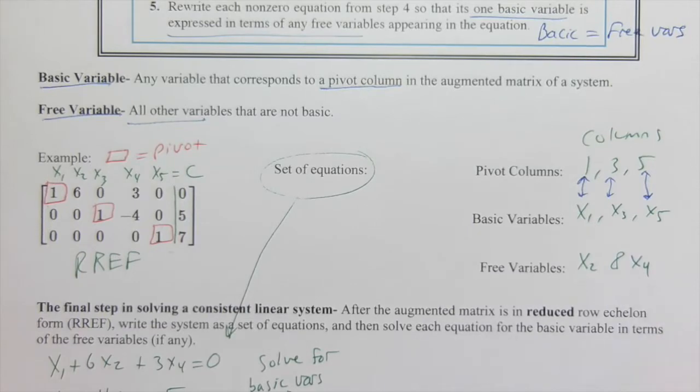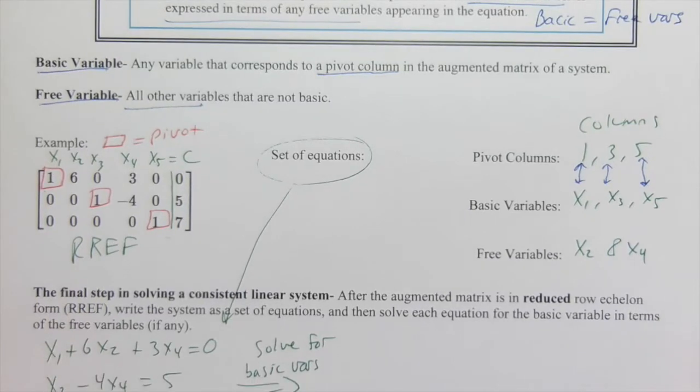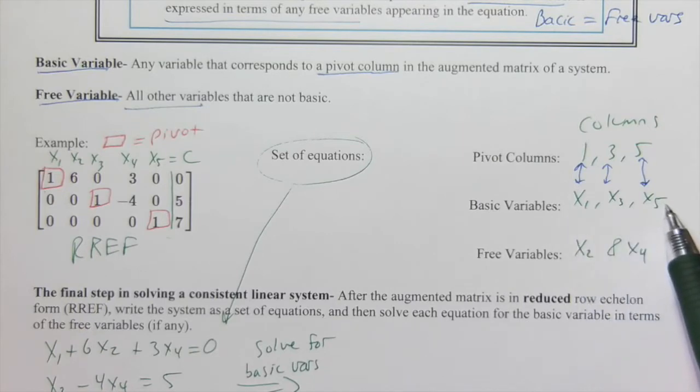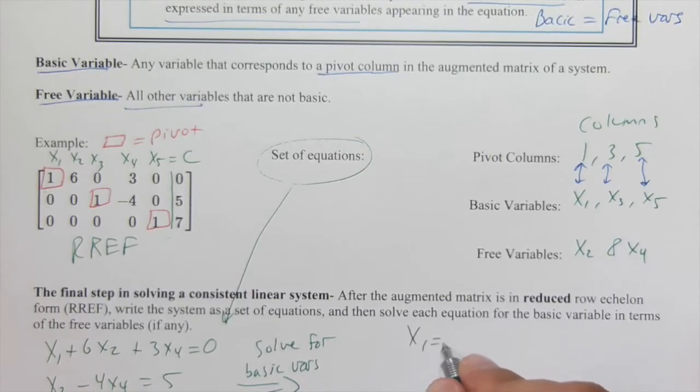So again, the free variables are x2 and x4. And so I'm going to write basic variables, x1, x3, and x5, equals things with just x2's and x4's in them, right? So in other words, I'm going to solve this equation for x1 because x2 and x4 are the free variables. So the first equation becomes x1 equals minus 6x2 minus 3x4.